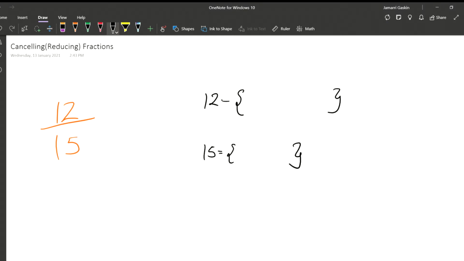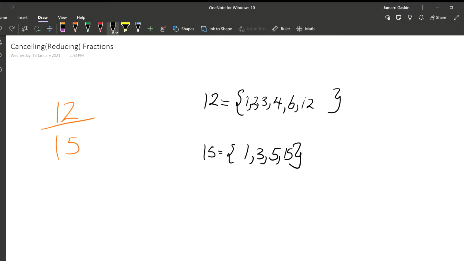Alright, now factors for 12. Now you guys should know how to find factors. But just to give you, the factors for 12 are 1, 2, 3, 4, 6, and 12. And the factors for 15 are 1, 3, 5, and 15.